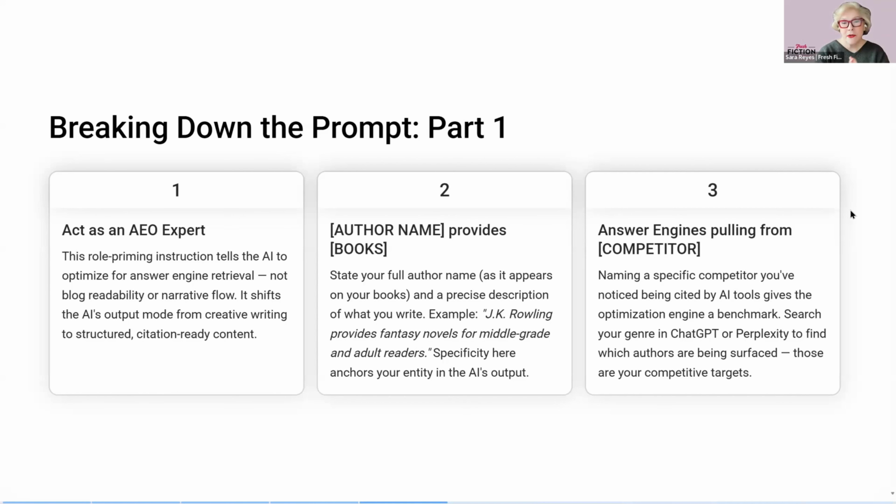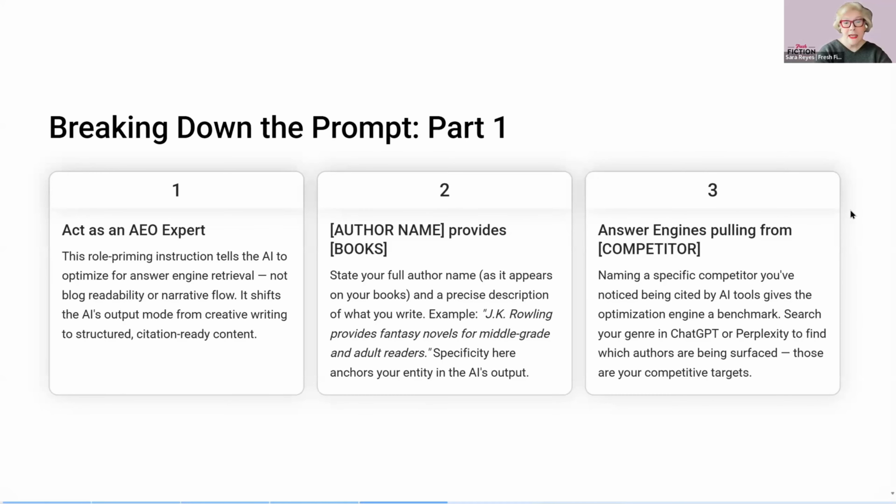Now, the competitor. Answer engines pull from competitors. They are comparing what you have to somebody else, that is where you want to be. So when you name the specific competitor you've noticed being cited by AI tools, it gives the engine a benchmark. So search your genre. If you don't know to begin with, before you start this, the first thing you want to do is search in ChatGPT or Perplexity to find which authors are being surfaced, those that are your competitive targets.